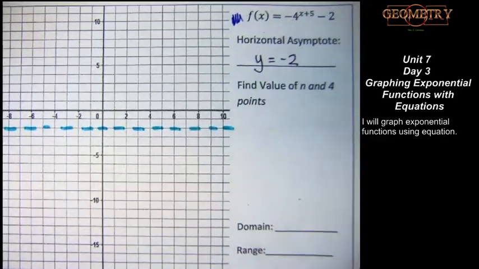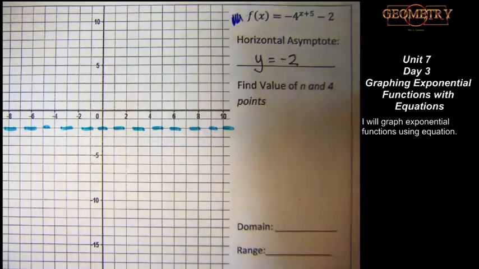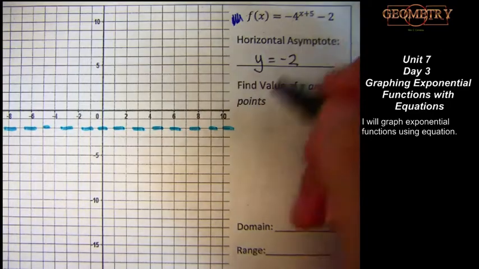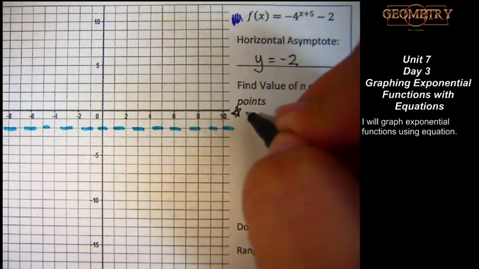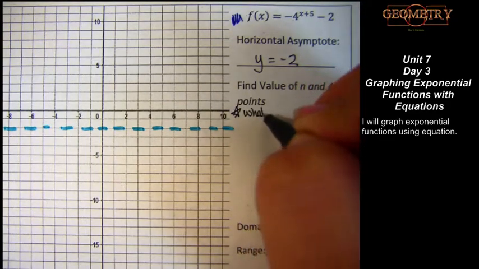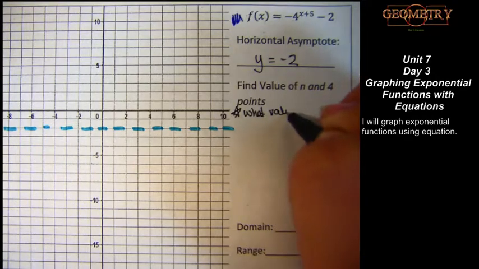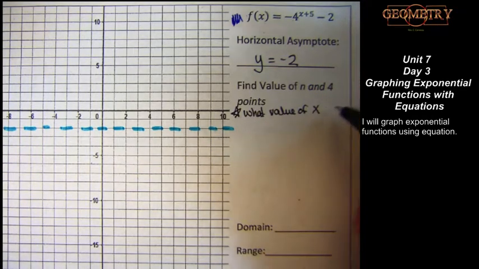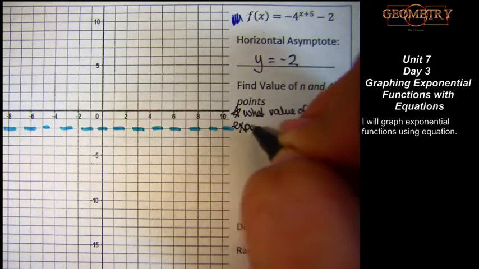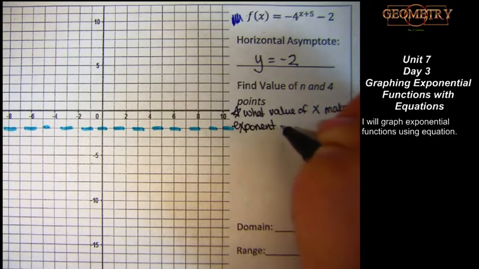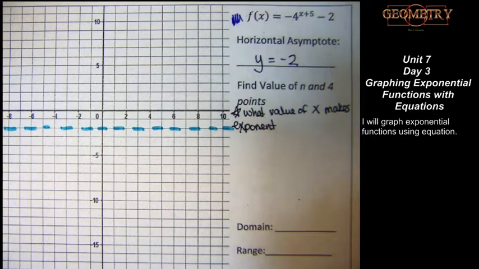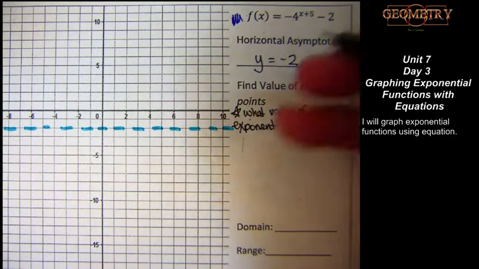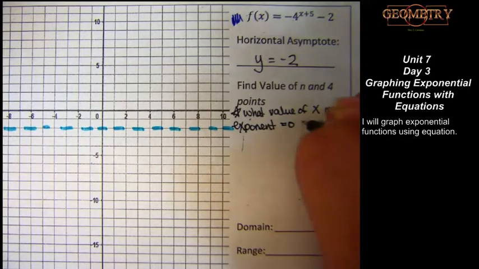Okay. Horizontal asymptote is in place. The next thing that I need to do, it says find value of n in 4 points. What we really mean is, what value of x makes my exponent, did I spell that right? Yes. Makes it equal 0.